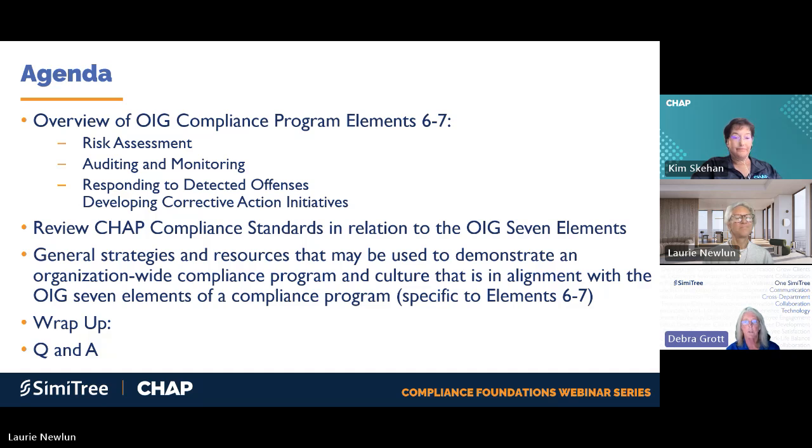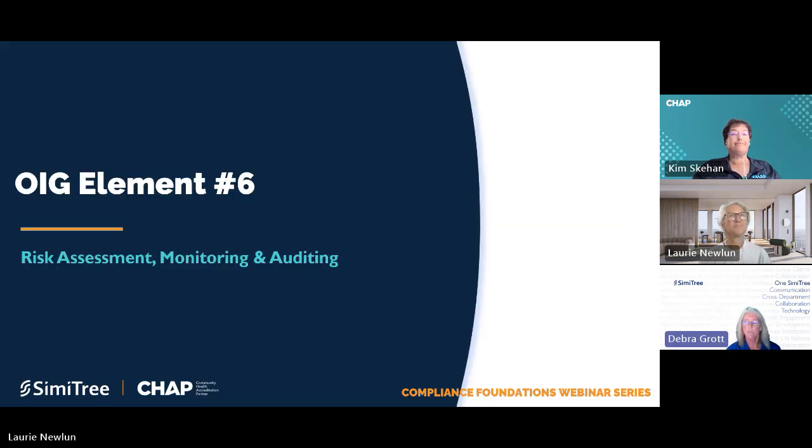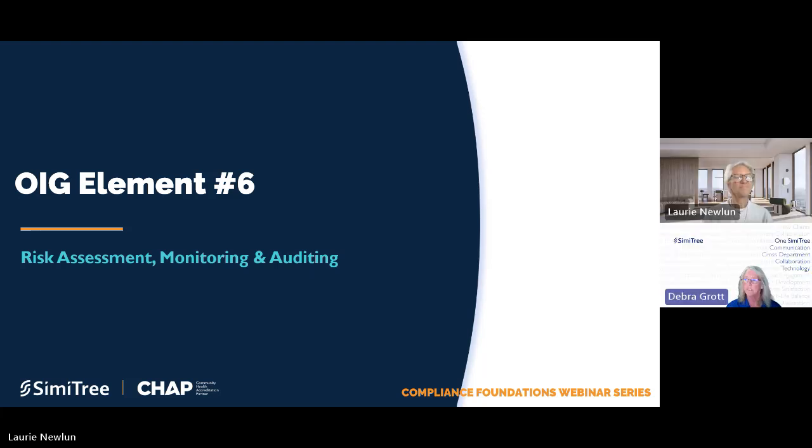CHAP is going to review the compliance standards in relation to the OIG 7 elements. We're going to talk about general strategies and resources that can be used organization-wide and how they align with the OIG 7 elements of the compliance program. And then we're going to do a wrap-up and a Q&A session. So it's great to be here with you all, and we're going to dive right in. And I think Lori's going to take it away.